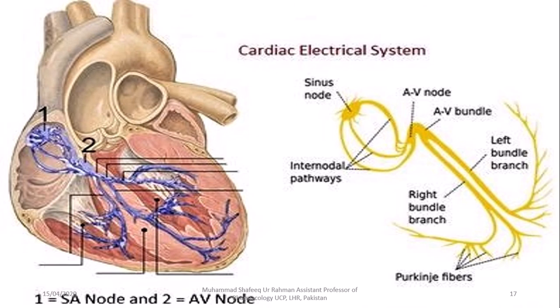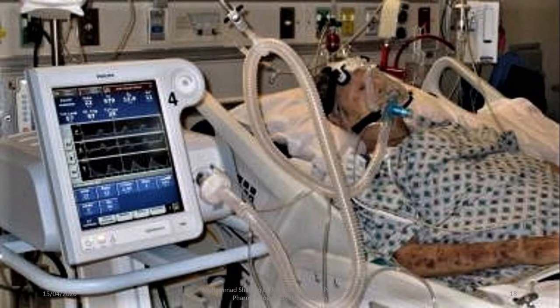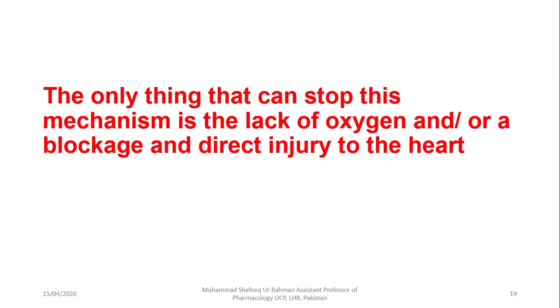People with brain damage are on life support for breathing, not for pumping or circulating blood. The only things that would stop this mechanism are a lack of oxygen, a blockade or direct injury to the heart.